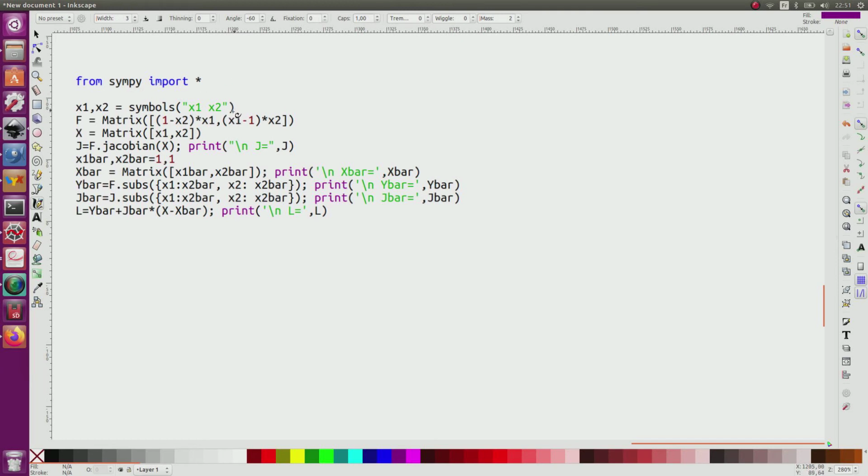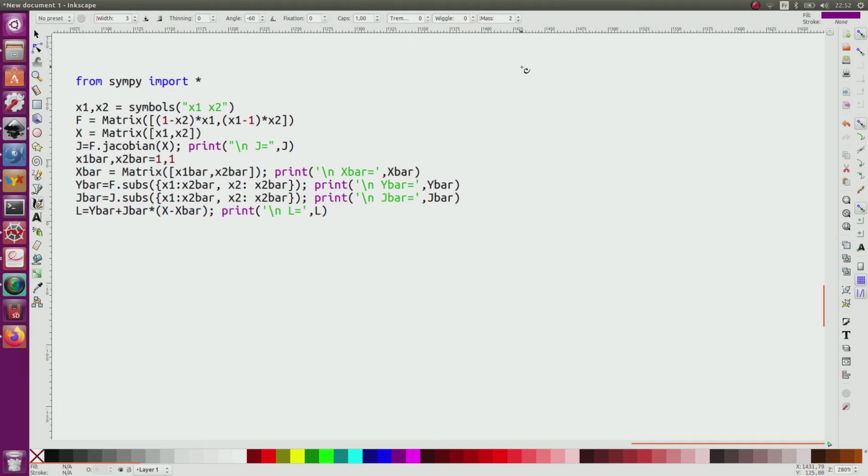I will define the symbols x1, x2, which correspond to the variables I will use in my computation. It means that all variables that I will use in the future depend on x1 and x2. So it is all my symbols. What I put here is what will be printed when I print the variable, it will print x1 because it's associated to this variable.